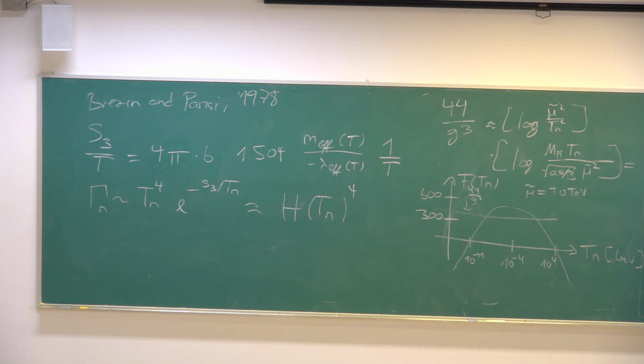The dominant ones come from NANOGrav, EPTA and IPTA on the left, for small mu tilde. And there's a tiny little bit from LIGO Virgo O3 at around 10 to the 7, 10 to the 8 GeV. And then there's also a bound from the additional number of degrees of freedom that we can talk about.